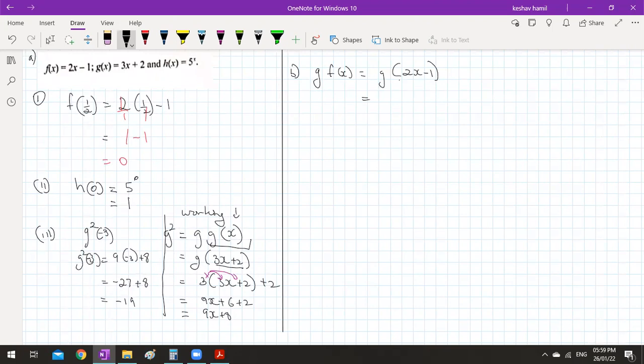So the g formula starts off 3x, so 3 open bracket 2x minus 1 plus 2. And again, remove the bracket and multiply by each term. We have 6x minus 3 plus 2, and simplify 6x minus 1. Negative 3 plus 2, signs are different, subtract using a larger number. So 3 minus 2 is 1, larger number is negative.